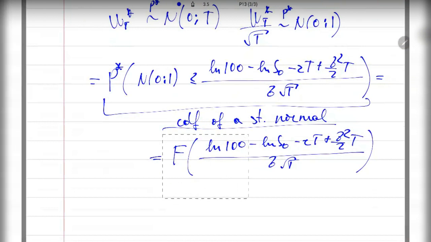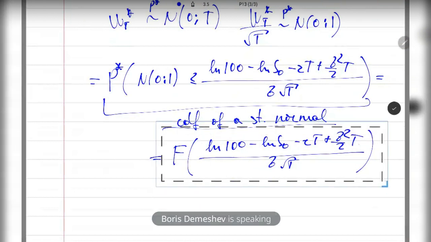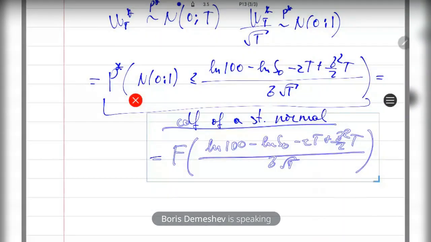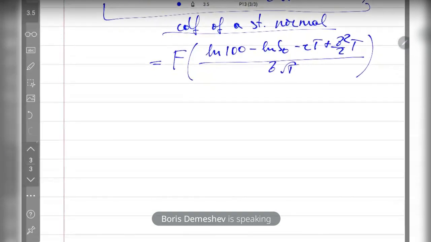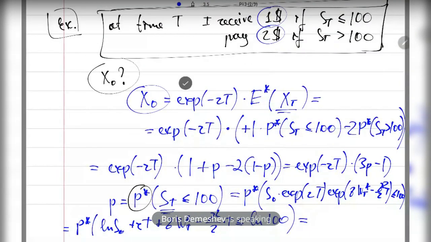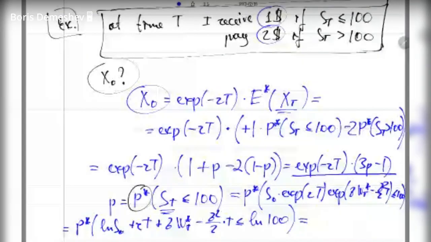Okay, we have found the probability star that I will receive $1. And hence, we go back to our original calculations. X0 is exponent minus RT times (3P minus 1).